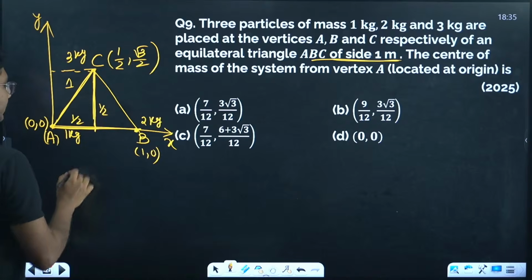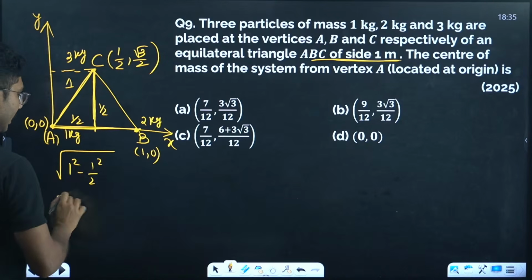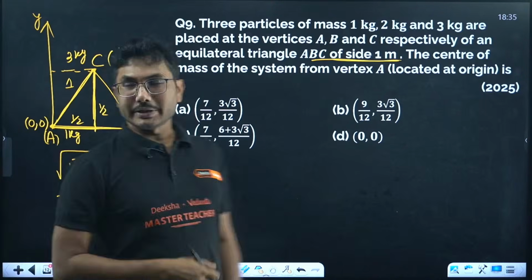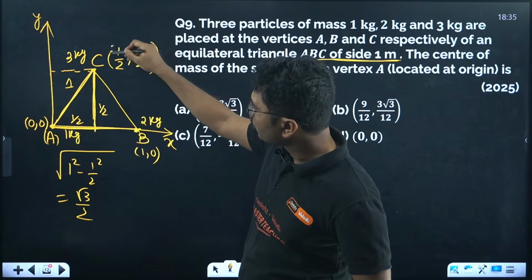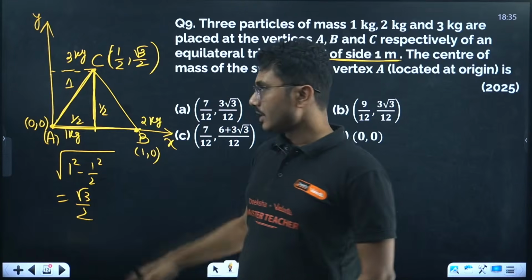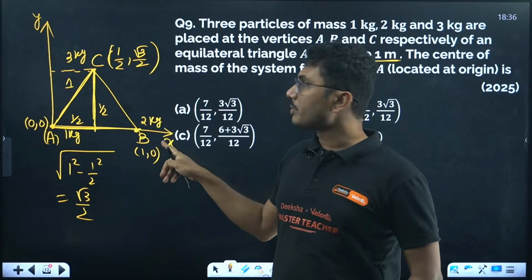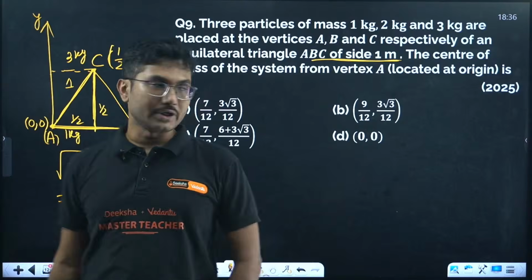So 1 square minus half square, root of that will come out to be √3/2. Okay, so remember that. So this is an equilateral triangle. You have to know how to find the 3 vertices. One vertex is given, 0, 0. Another vertex you can calculate, 1, 0. What about the third vertex? Third vertex will be half and √3/2.